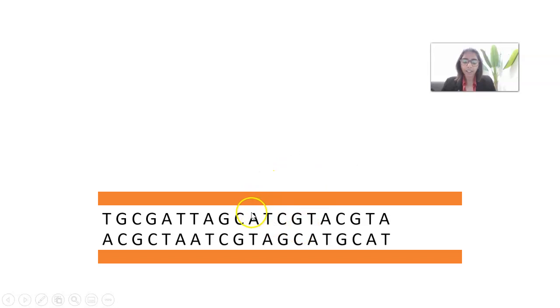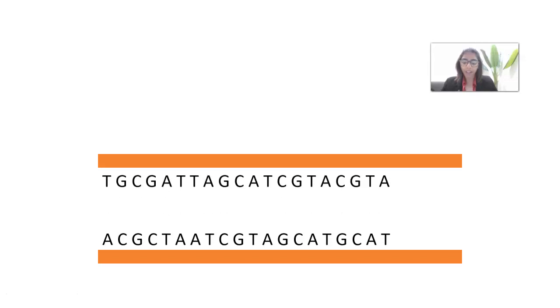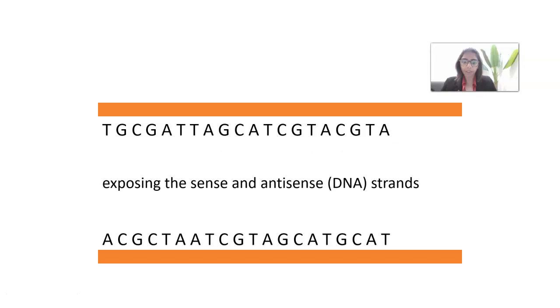So if we look at our section of DNA side on, this is just a really basic diagram showing the nucleotides in the backbone. We can see that the DNA will start to unwind and unzip, and the bases will break hydrogen bonds, and that reveals the nucleotide sequence.